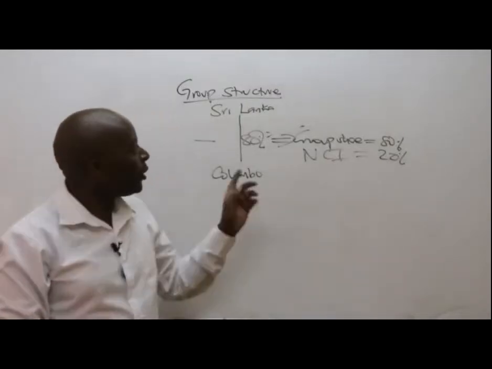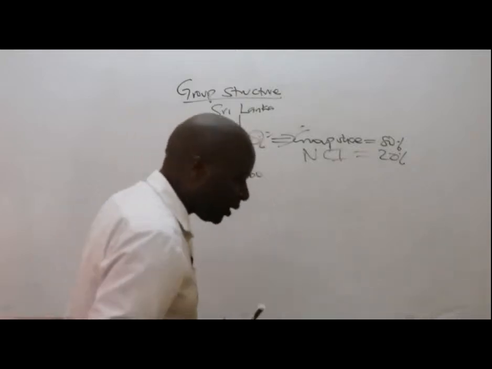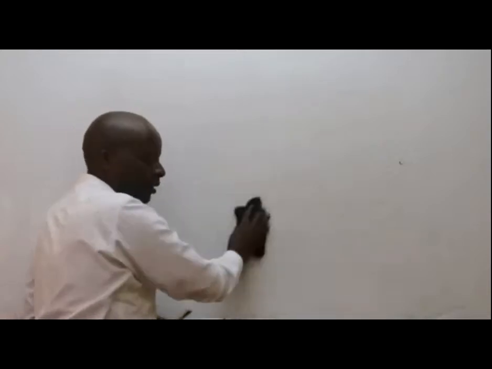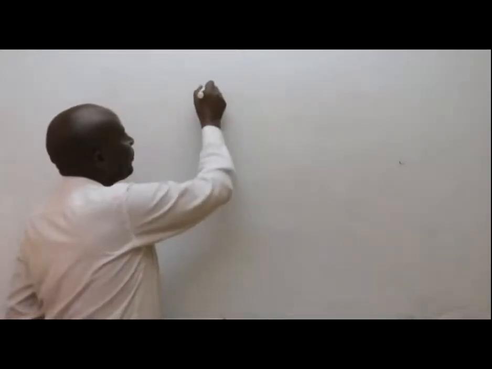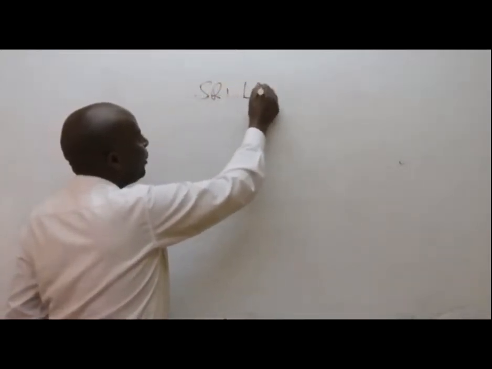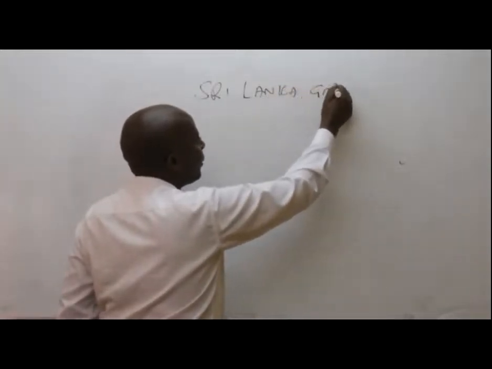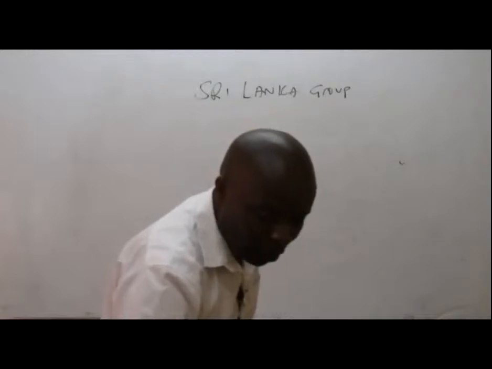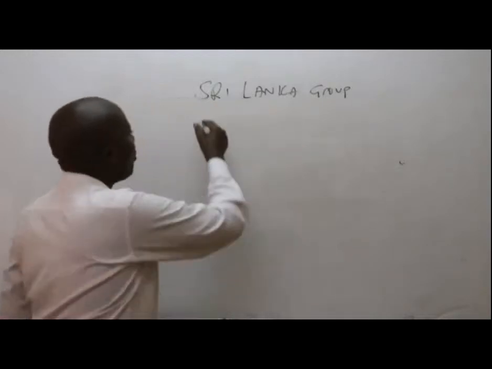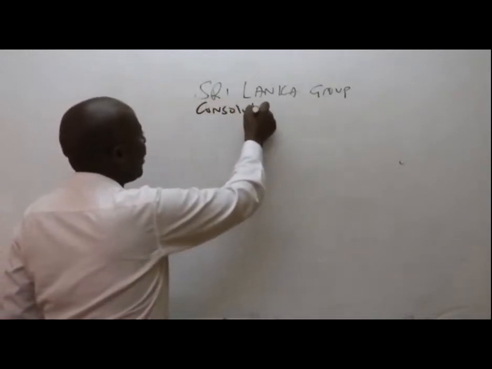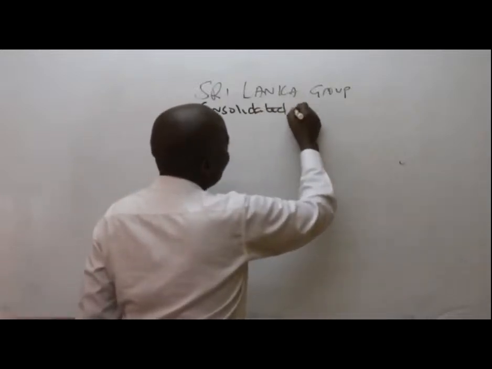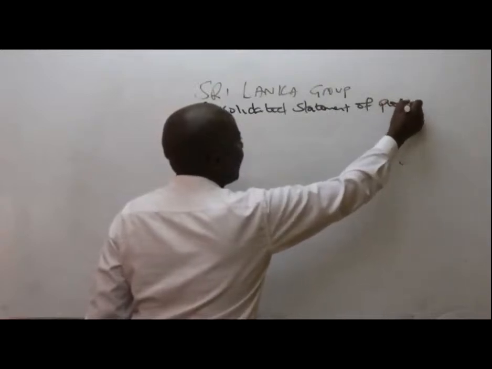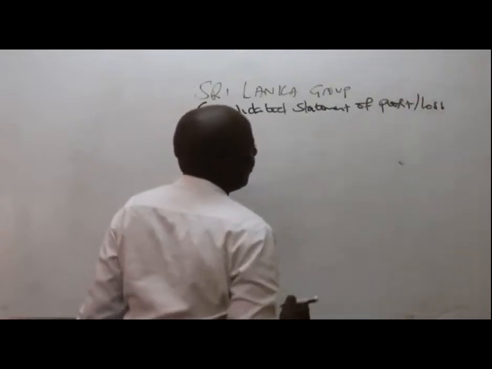What I'll do is to write there the name of the parent. The name of the parent is Sri Lanka. So Sri Lanka Group consolidated statement of profit or loss for the period ending.